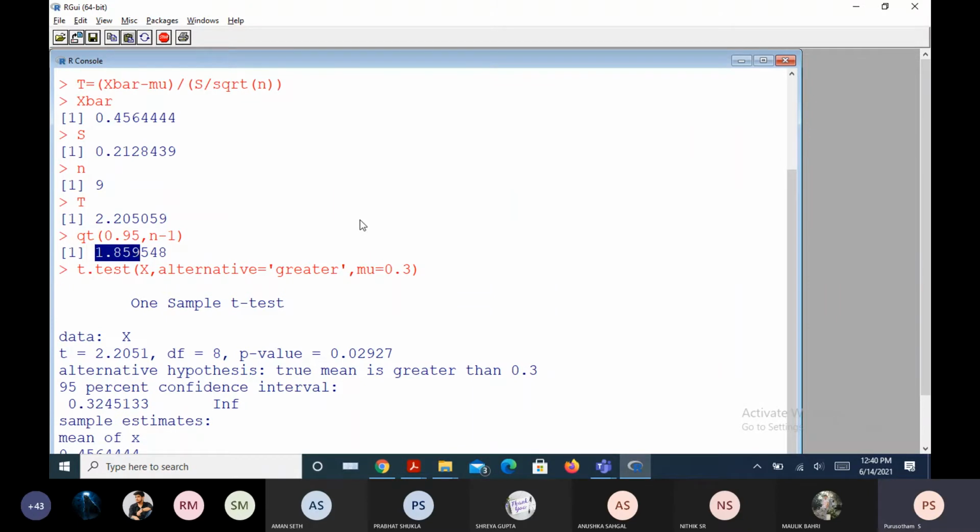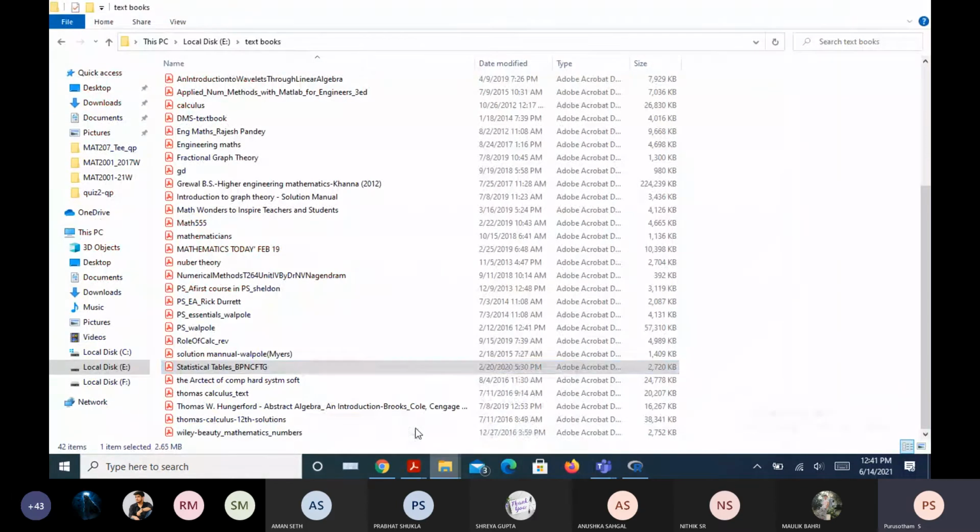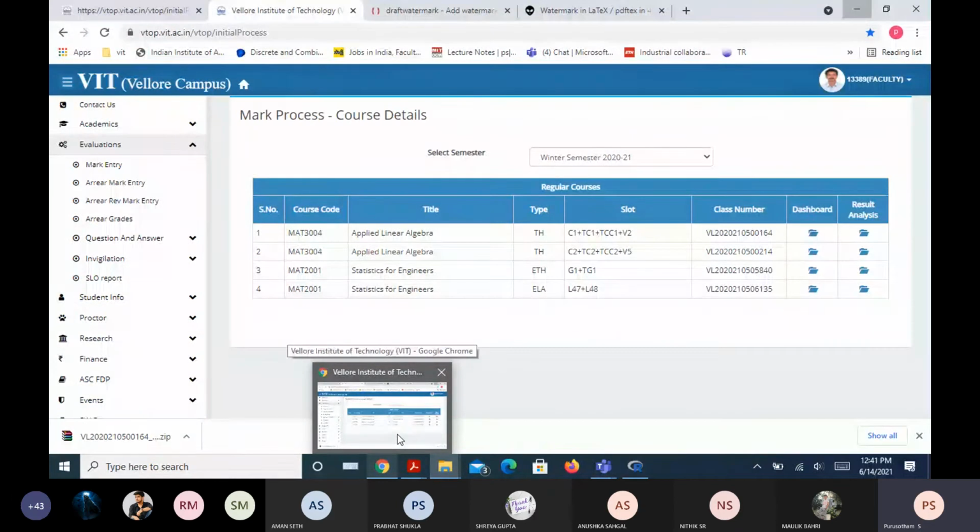This is the area covered on either side of the mu. When two-tailed is considered, 0.975 will come instead of 0.95. That means alpha is 0.025. For statistical tables, the degrees of freedom is 9 because of 10 volunteers.